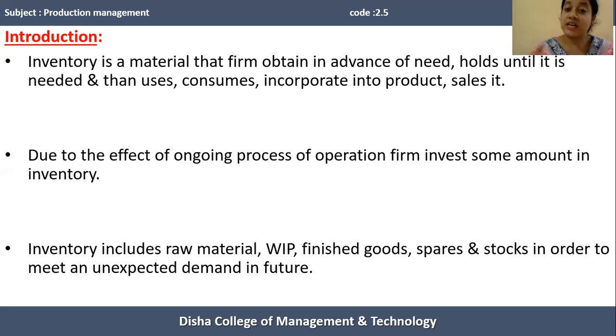While discussing the concept of material management, I told you that there are two types of material, that is direct material and indirect material. Generally, direct materials are the materials required for manufacturing a particular product. Means direct materials are the materials the organization directly feeds to the machine for manufacturing a certain product.